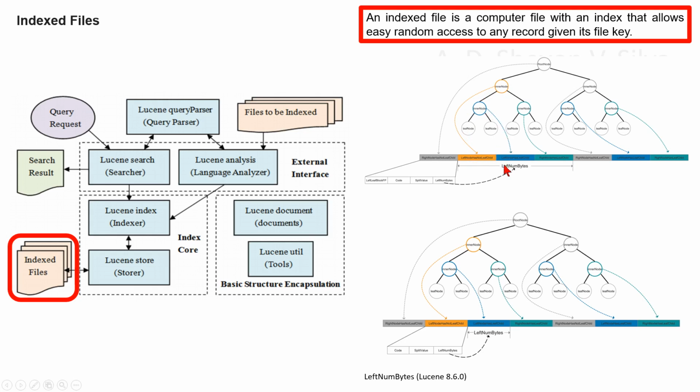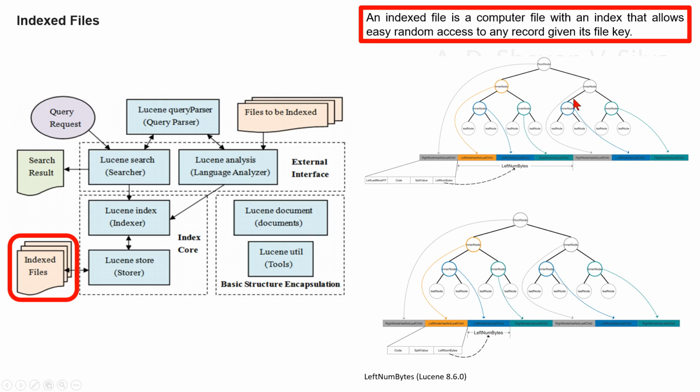This inner node is connected to the left node, which has a leaf child, and this inner node is connected to the right node, which has a leaf child.